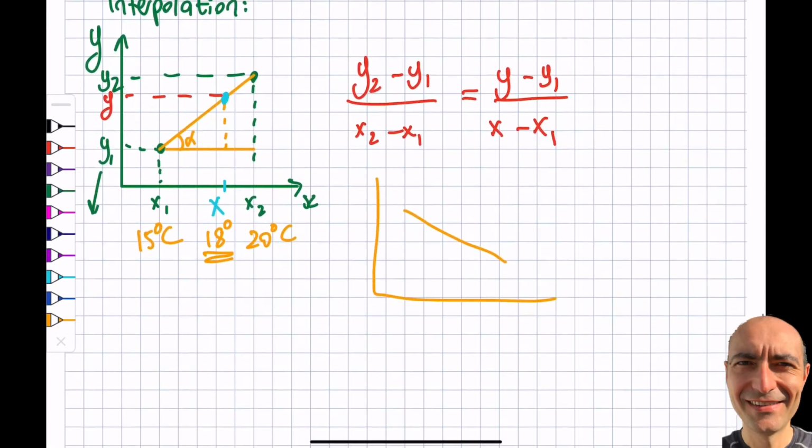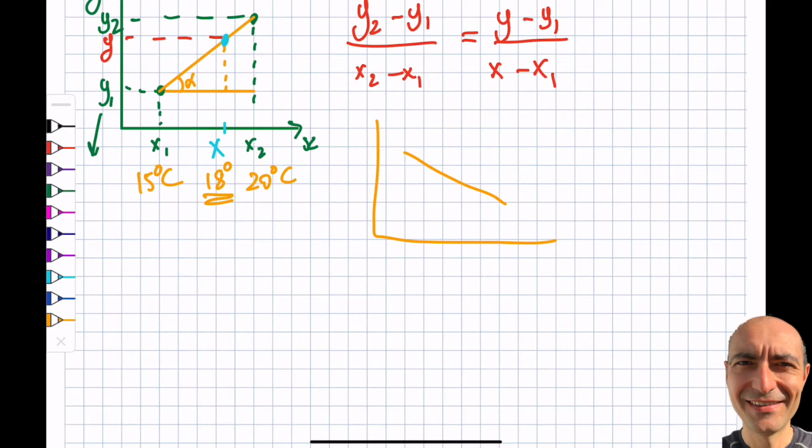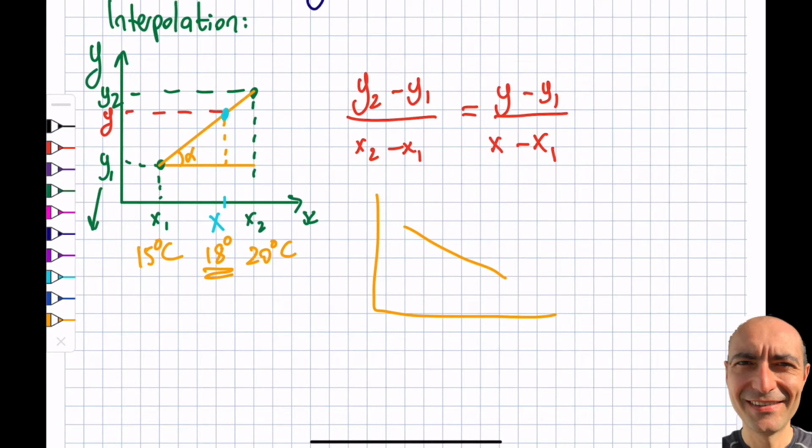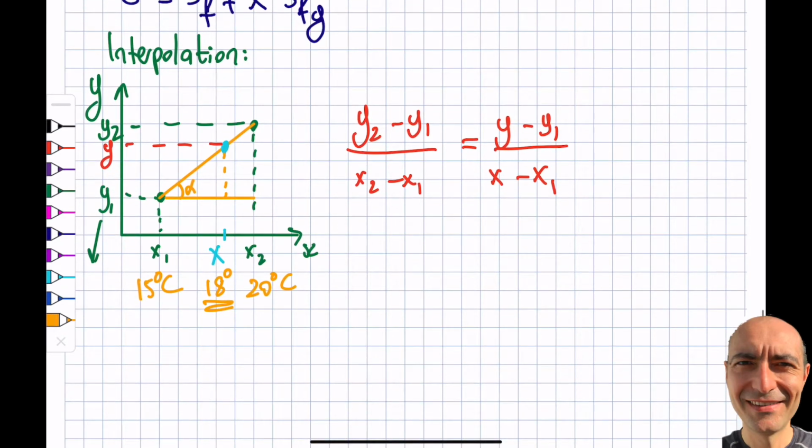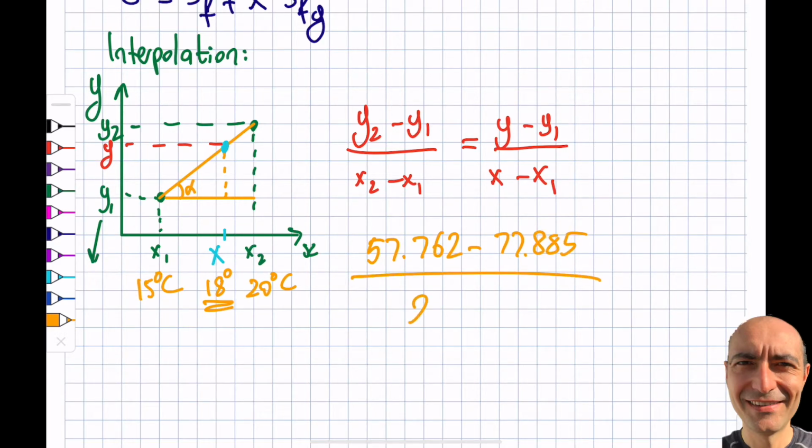So I want to do that particular question. Basically, I'm interested in 18 degrees. So let's go ahead and delete this so it's easy for me to write right below. y2 is 57.762 minus 77.885. It's negative, but it will work itself out, so you don't have to worry about it. This is 20 minus 15.